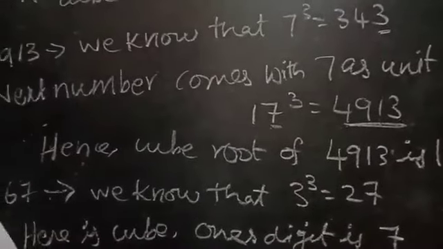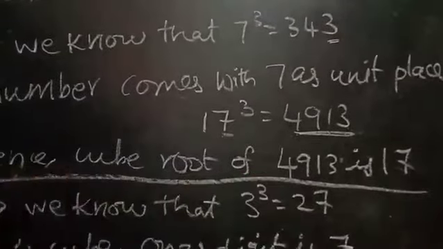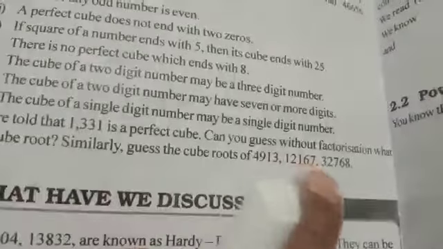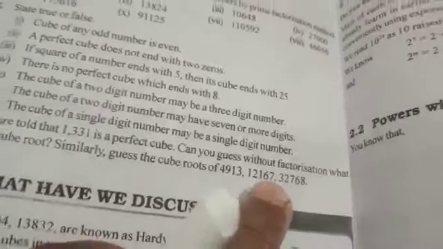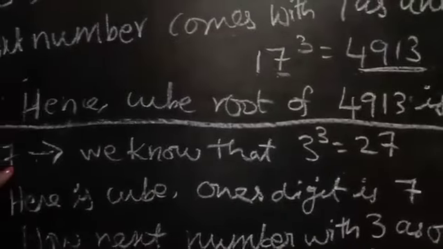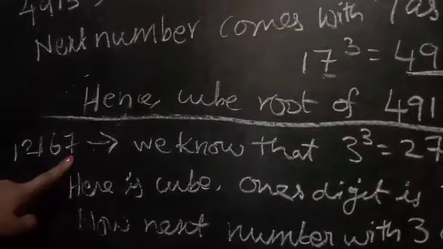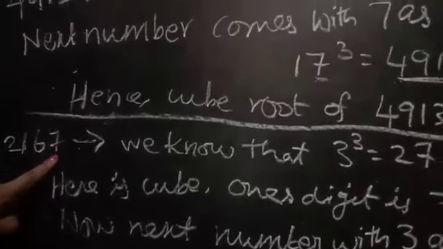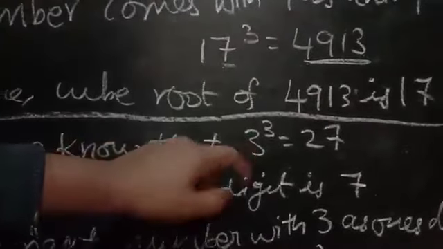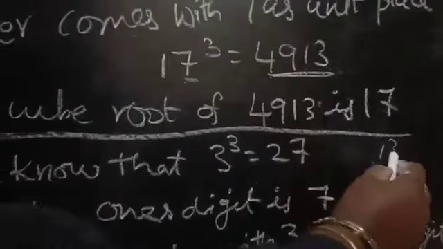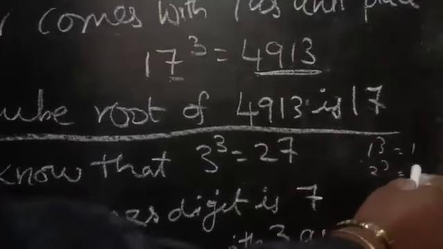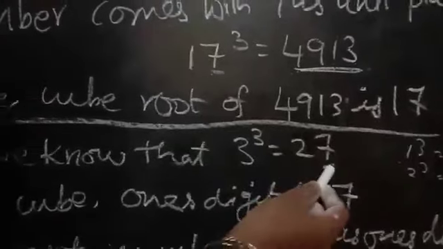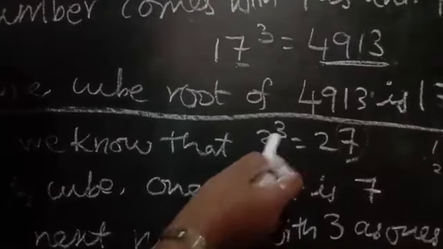Next number they have given is 12,167. So we can write now this 7 we have in unit place. Which number, when we multiply 3 times, will give 7? 1 cube will get 1, 2 cube will get 8, 3 cube means 27. So in unit place we are getting 7 when we multiply 3 times.